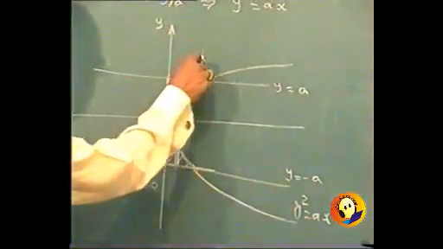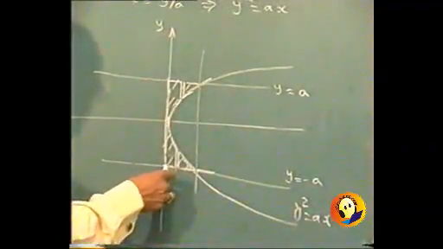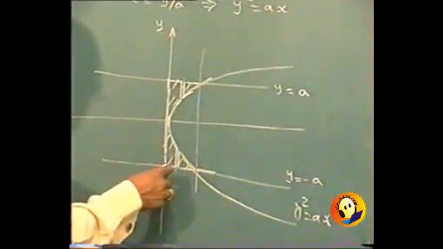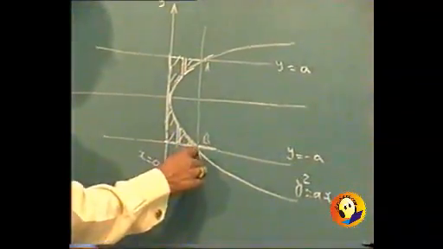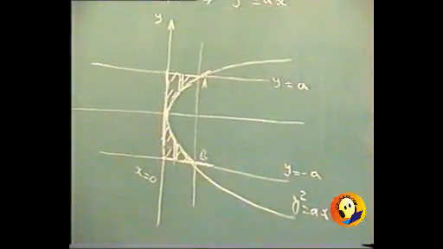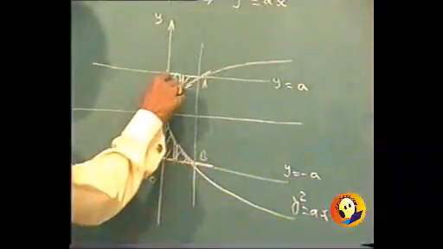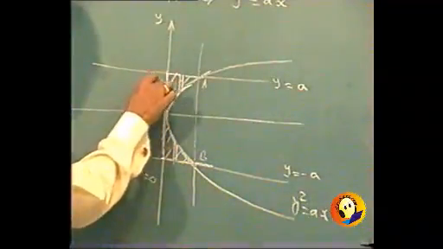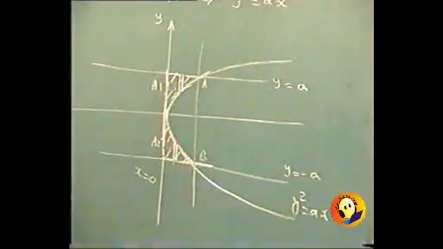Of course, the point of intersection also is going to play an important role, because now such strips will be taken from x equal to 0 to x at point A or point B, which is going to be some constant value. Once we decide on this particular factor, we can as usual say that this is area 1 and area 2, and the given integral can now be split over the two areas, area 1 and area 2.